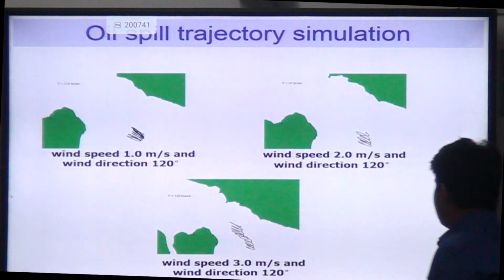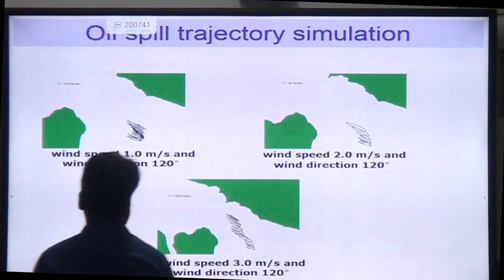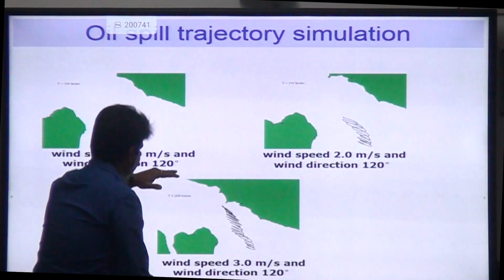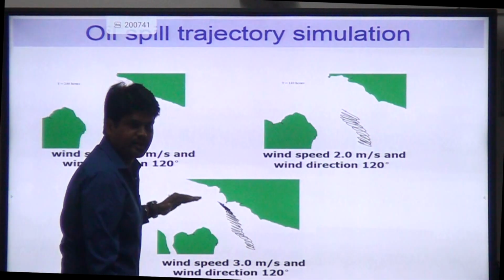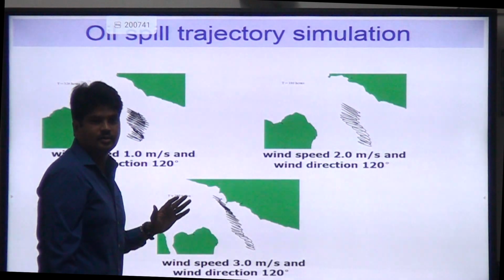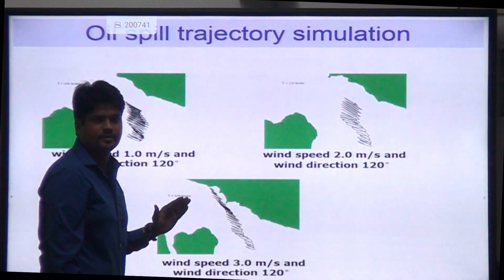Given a wind speed, let's say we keep the wind direction constant, 120 degrees. 120 degrees means where? What is the direction?